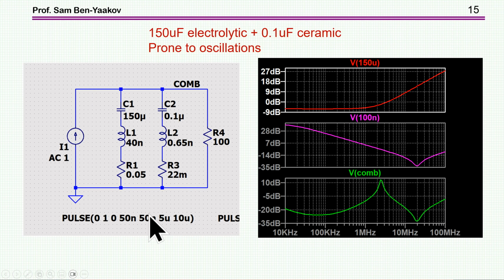It's parallel because we have the inductor, the larger one, in parallel with this 0.1 microfarad. This contributes a little bit, but practically it's these two together. And this is very nasty. This is very, very nasty.